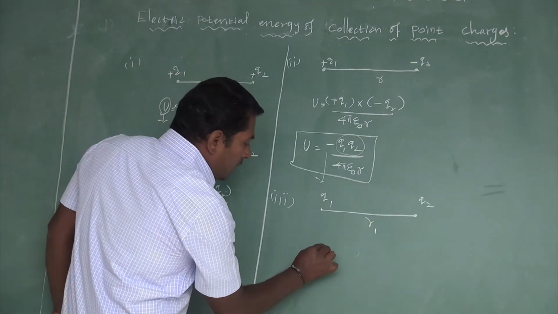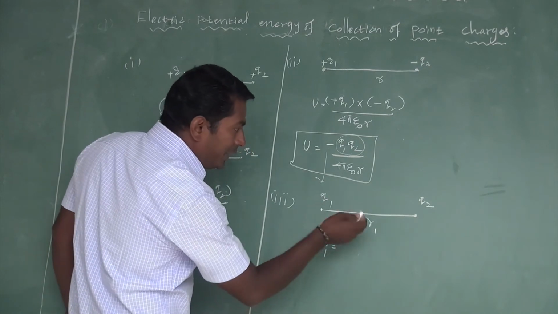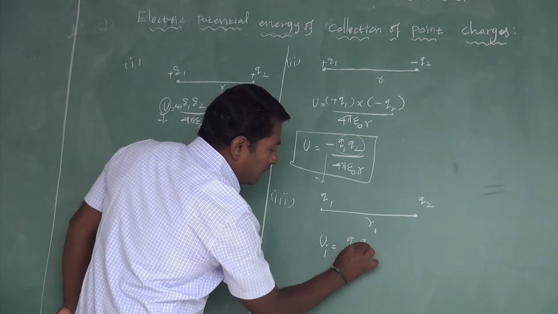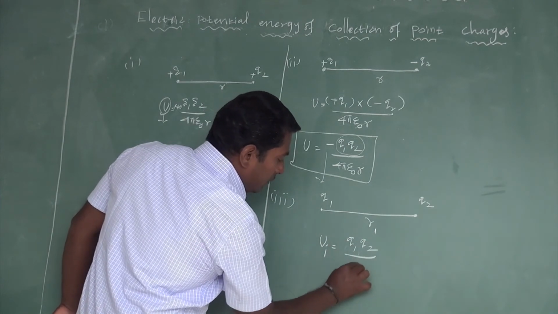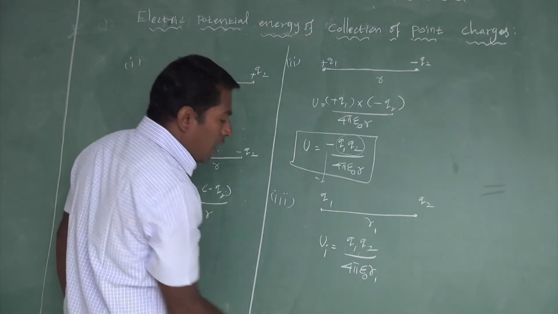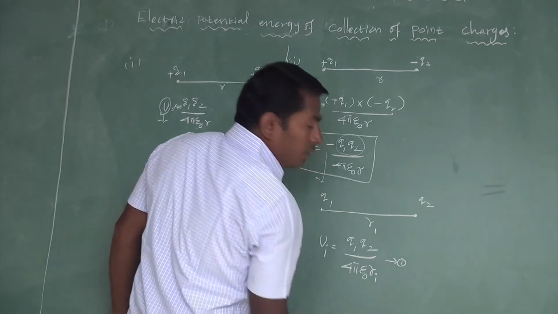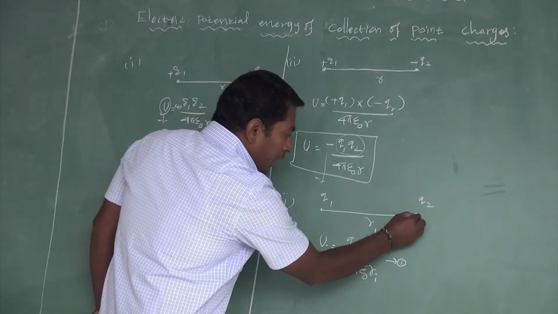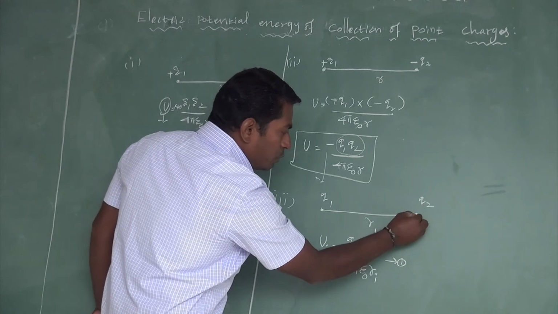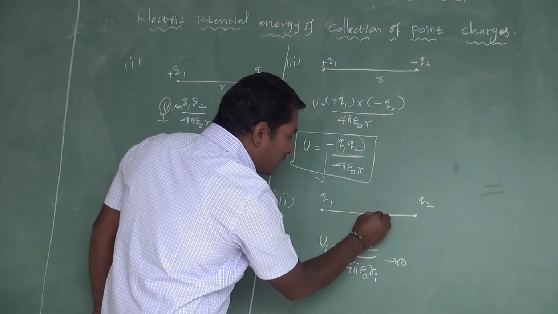At that moment, the initial electrostatic potential energy Ui between the two point charges in air, vacuum or free space is Q1 Q2 divided by 4 pi epsilon naught times the initial distance r1. Equation number 1. Now, the Q1 charge is kept at rest, but the Q2 charge is moving from this point towards the Q1 charge.